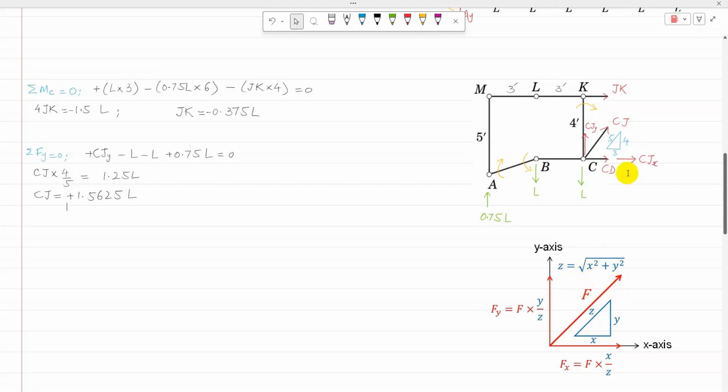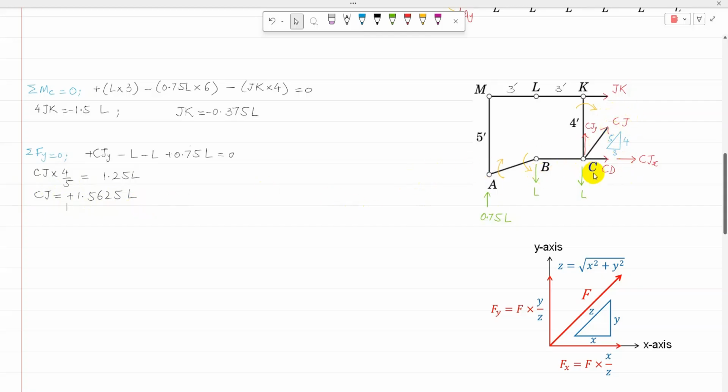So the y component in the triangle is the vertical side divided by the hypotenuse. So Cj times 4 over 5 equals 1.25 L, so Cj comes as 1.25 times 5 divided by 4, which is plus 1.5625 L. So now Cj is calculated.